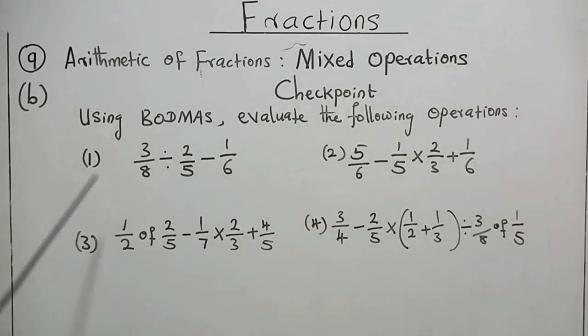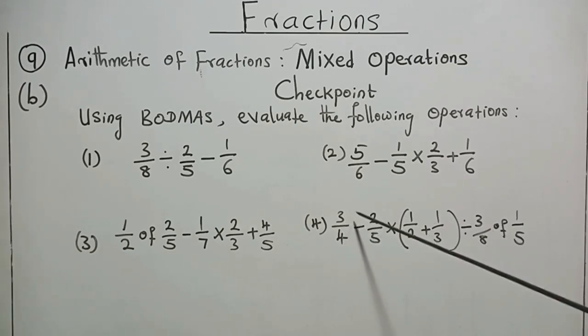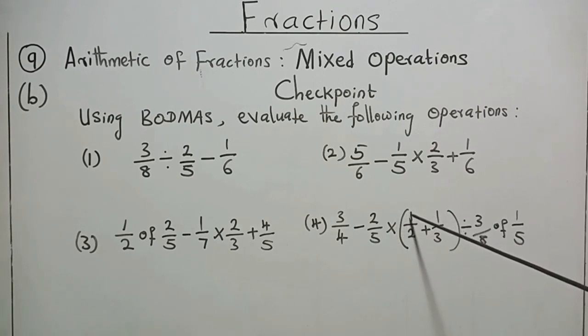Number 3, 1 over 2 of 2 over 5 minus 1 over 7 times 2 over 3 plus 4 over 5. Number 4, 3 over 4 minus 2 over 5 times, then in bracket, 1 over 2 plus 1 over 3 divided by 3 over 8 of 1 over 5.